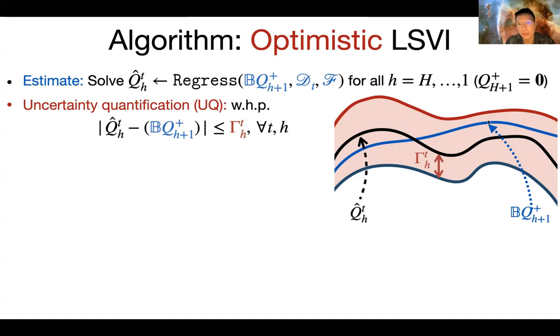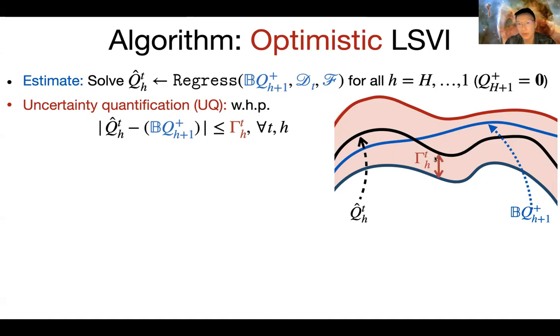Suppose this blue line is the right-hand side of the Bellman equation, the regression target, and the black line is a point estimator constructed by LSVI. We additionally propose to quantify its uncertainty by constructing a high probability confidence region surrounding the black line.